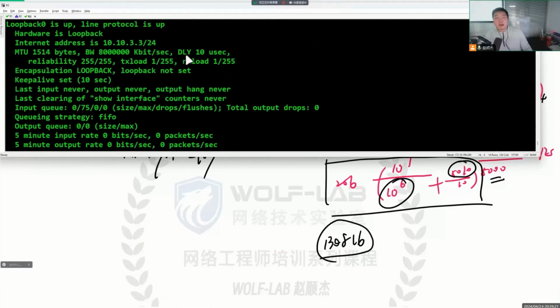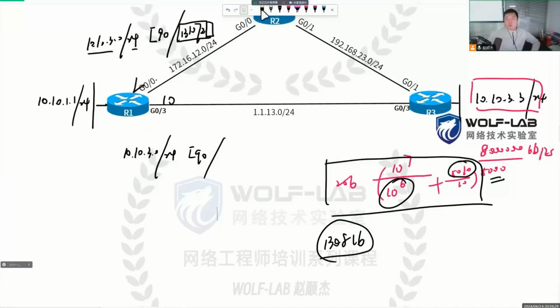Now, go to show interface loopback 0. Its delay has been changed to 10 microseconds. Originally it was 5,000. I have now changed it to 1, which is 1/10 of 10, so 10 microseconds.